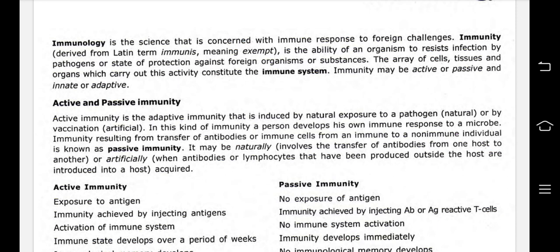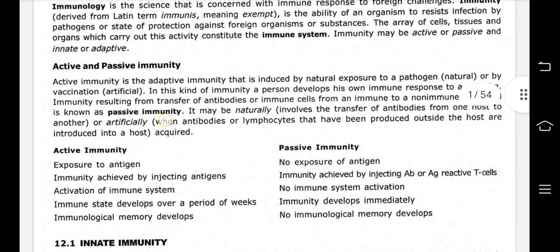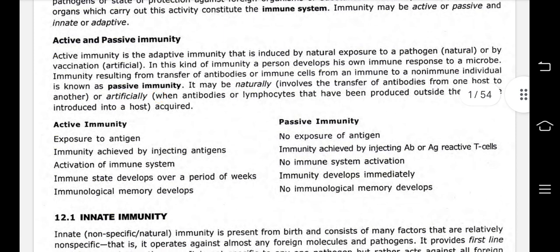In this kind of immunity, a person develops his own immune response to a microbe. Immunity resulting from transfer of antibodies or immune cells from an immune to a non-immune individual is known as passive immunity. It may be natural, involving the transfer of antibodies from one host to another, or artificial, when antibodies or lymphocytes that have been produced outside the host are introduced into a host.